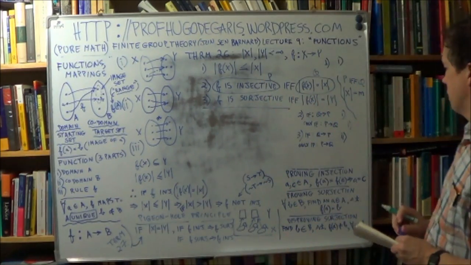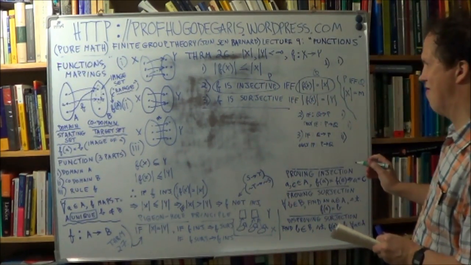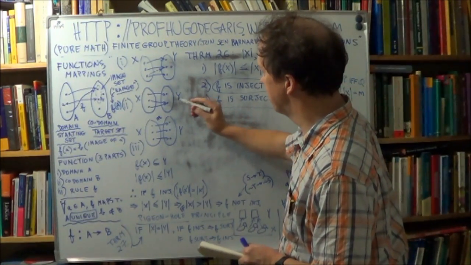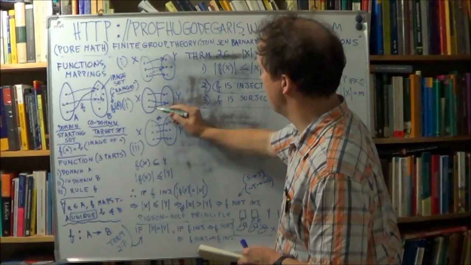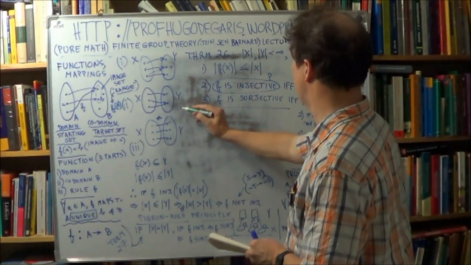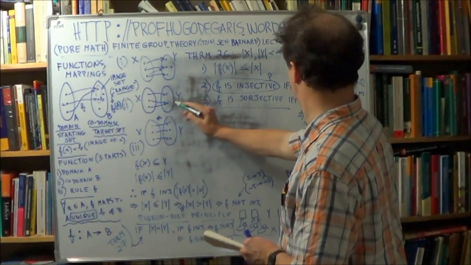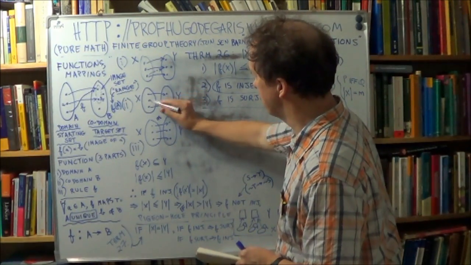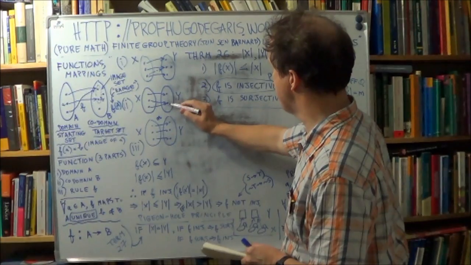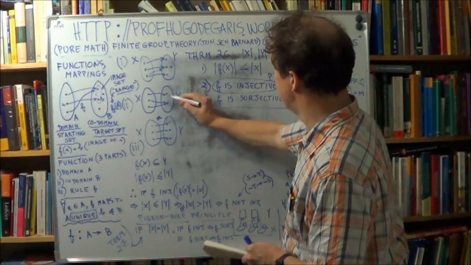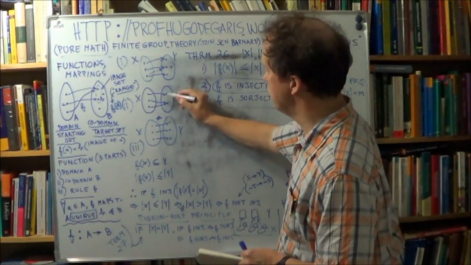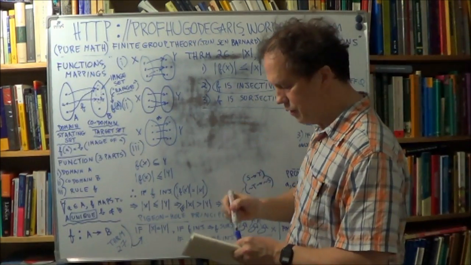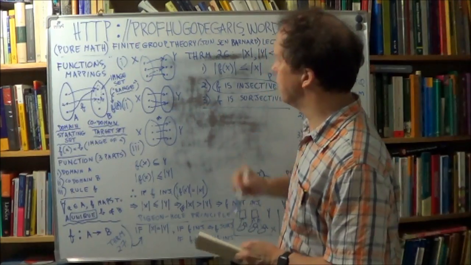Let's think a little. If it's surjective, you could have many-to-ones. That's allowed. Surjective simply means that each element is mapped to.